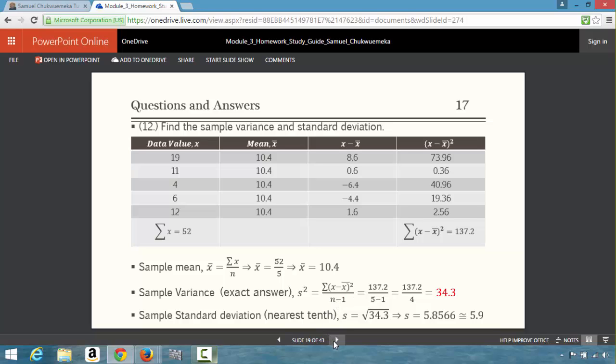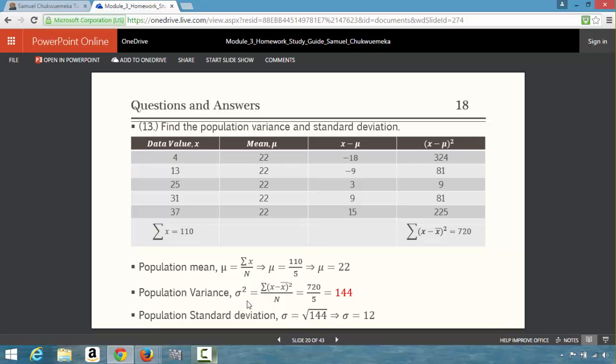But for population variance, and even for standard deviation, because standard deviation is just the square root of all these, you use only big N. You don't do big N minus 1. So take note of these differences.